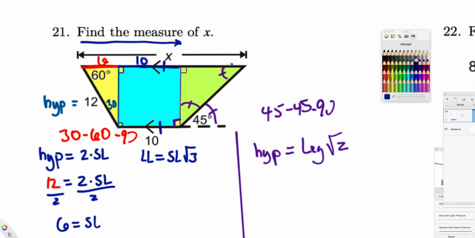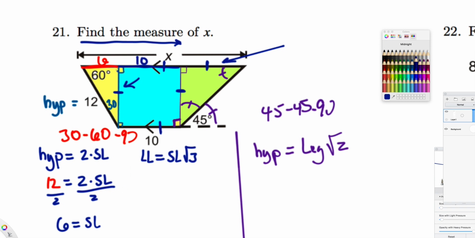How do we get the rest here? Well, the 45-45 triangle is isosceles, so these two are congruent. This rectangle means these opposite sides are congruent. If I know this segment's length, it will give me that one.